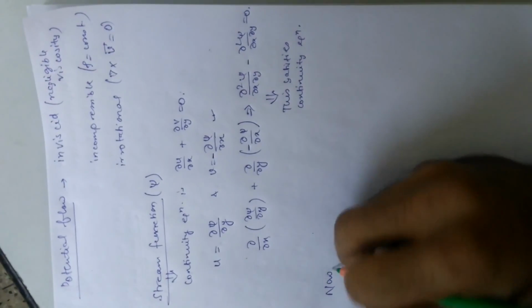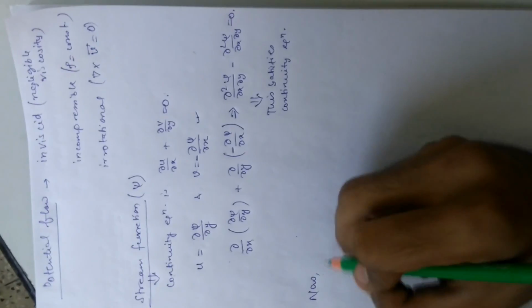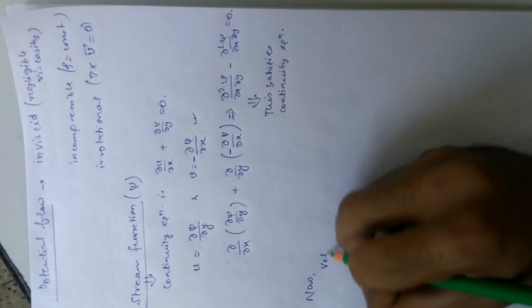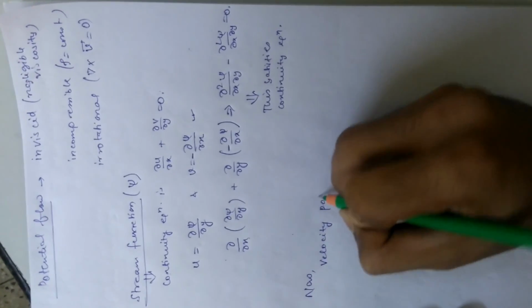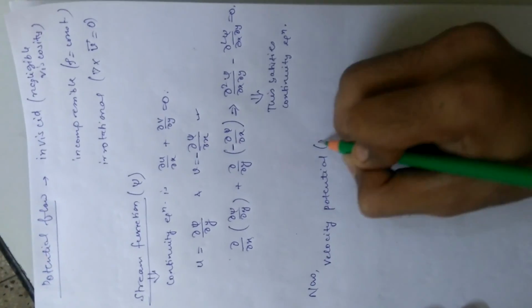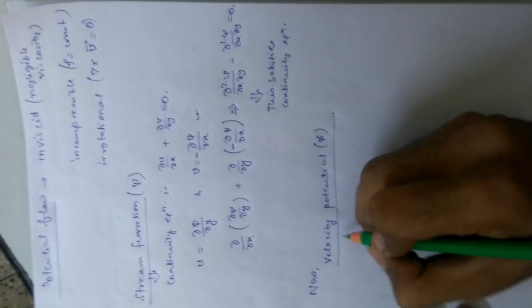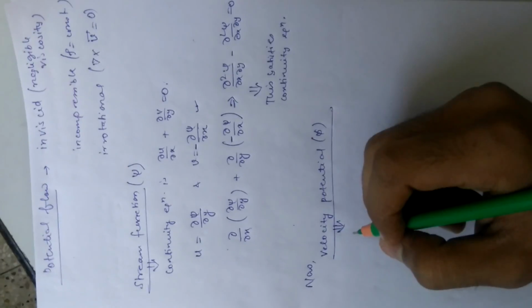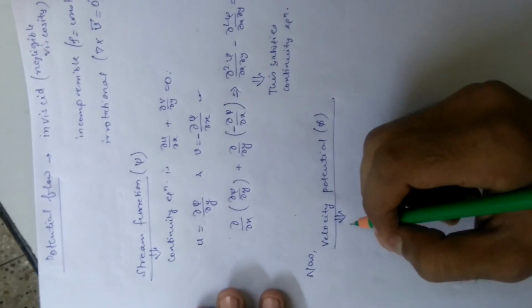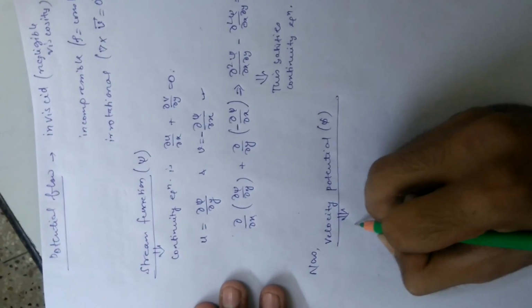Now we define velocity potential, denoted by phi. Velocity potential has been defined to satisfy the irrotational condition.